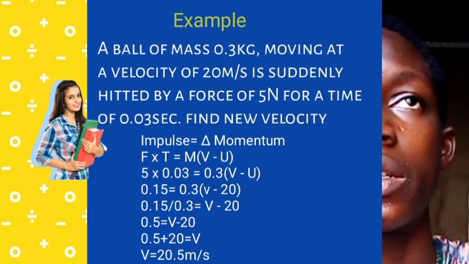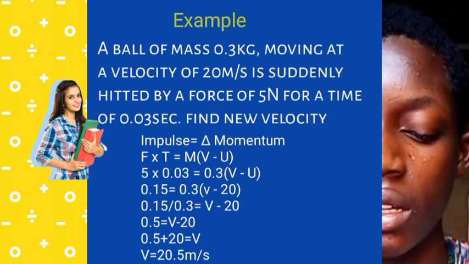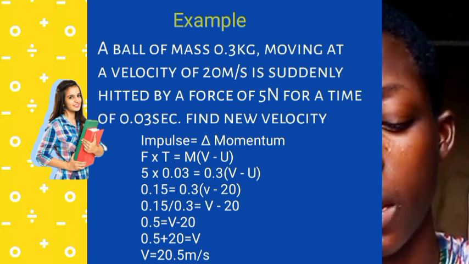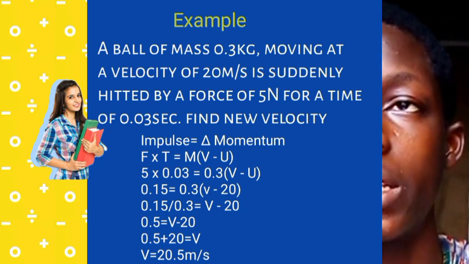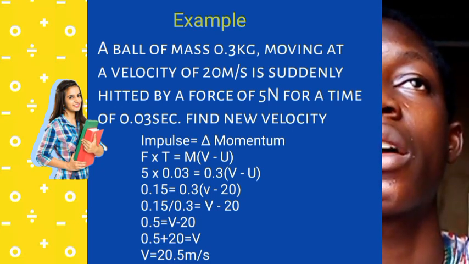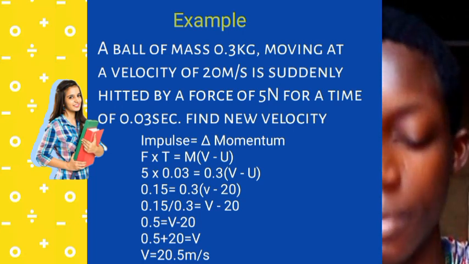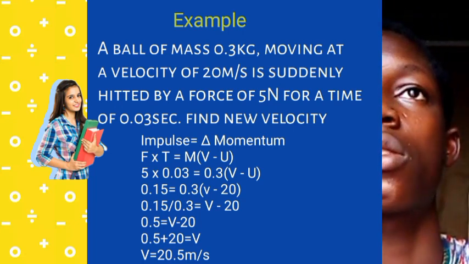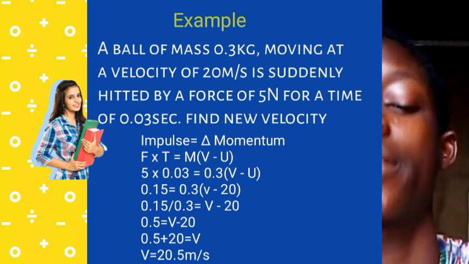Divide both sides by 0.3, and that gives us 0.15 over 0.3, that gives us 0.5, equals V minus 20. Then take that 20 to the other side, and V, the final velocity, equals 0.5 plus 20, and that gives us 20.5 meters per second. That is our final velocity.